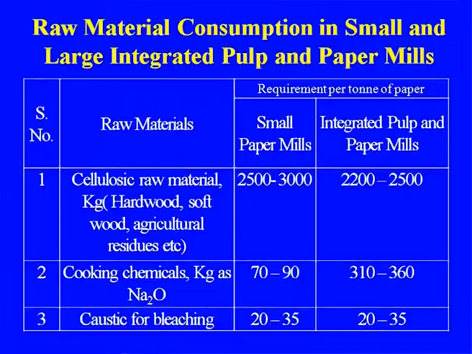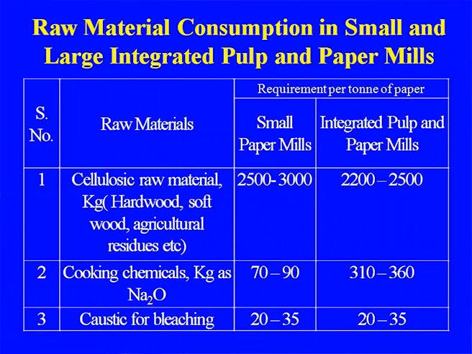This is about raw material consumption in small and large integrated paper mills: cellulosic raw materials and cooking chemicals. Where we are using bamboo and wood, the cooking chemical requirement is slightly higher.